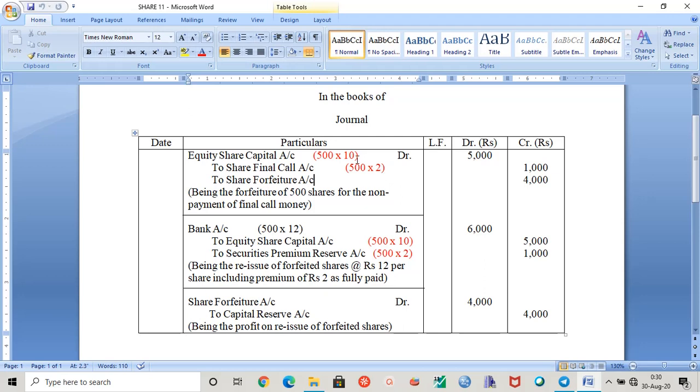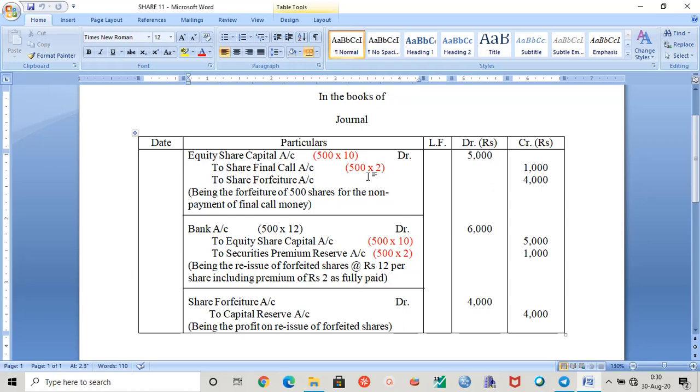If only rupees 8 has been called, then we have to write 8 here. But here the amount is fully called up, so we write the full nominal value here, and whatever the call that was due we write it here.